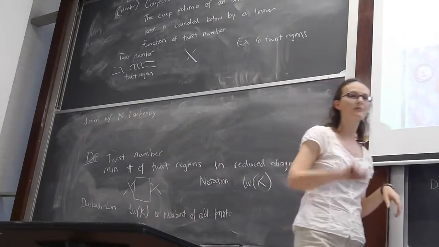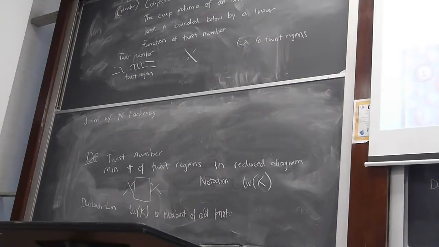Okay. Yeah? Is it true that the cusp volume is a sum of the logarithms of algebraic numbers just like the usual volume? Is the cusp volume the sum of the dilogarithm? No, I don't believe so. To find the usual volume, the way that you're talking about, I think you find ideal tetrahedra and you find the volumes of those and add them together. The cusp volume is just looking at the tops of the tetrahedra. So typically what you do is you cut off a plane and then you integrate above that.